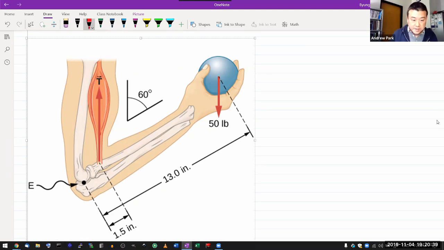There's a force acting on the joint, which provides net force but no net torque. There's a force acting on the point of attachment by the muscle, which provides net force and torque. The ball is being pulled down by gravity, and the force on the hand is being pushed down through the normal force. So it's a very complicated picture.